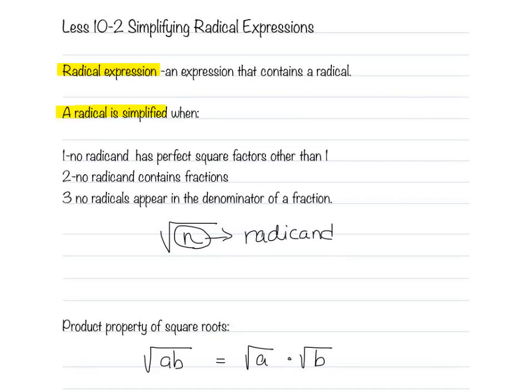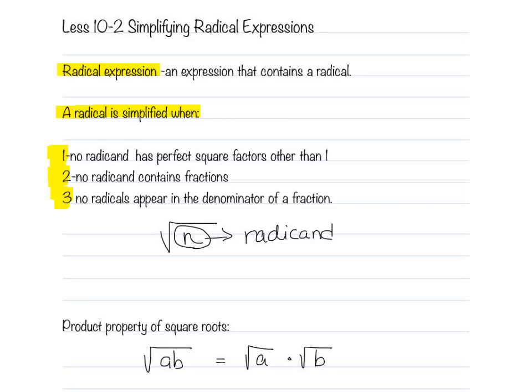A radical expression is simplified when, number one, no radicand has perfect square factors other than 1. Number two, no radicand contains fractions. And number three, no radicals appear in the denominator of a fraction.